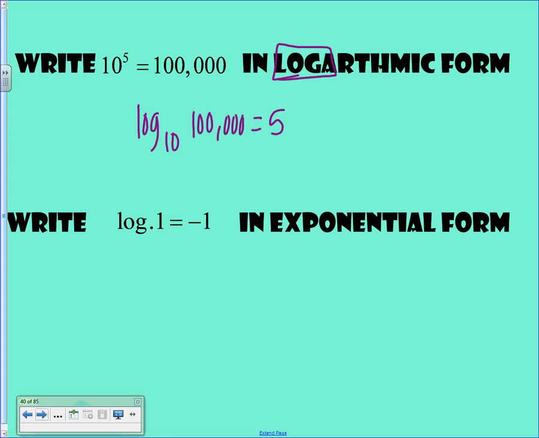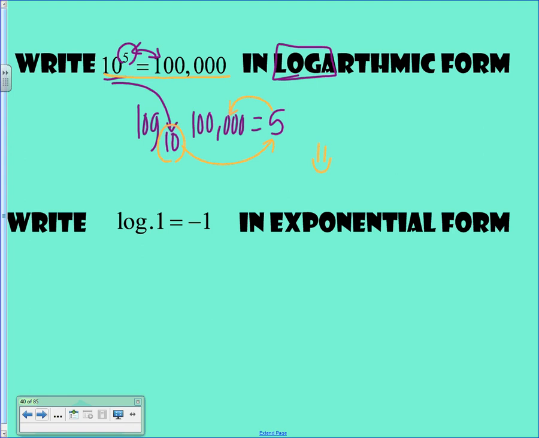You put your log in there because you want logarithmic form. You bring down the 10, because you always start with your base, and then you flip sides for the 5 and the 100,000. It's easy to check because you're going to get really good at putting it into exponential form. So if you want to check, is 10 to the 5th 100,000? Yep, that's what I started with, so that's a good thing. Logarithmic form means put a log into your answer.